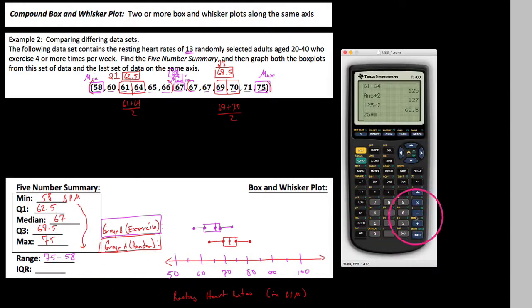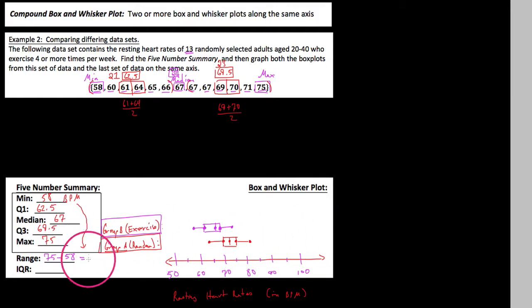We get 17 beats per minute difference here. So this box spans 17 beats per minute from minimum to maximum. In terms of the IQR, this would be our 69.5 minus 62.5, and I feel confident that I can tell you that that's a 7 beats per minute span.